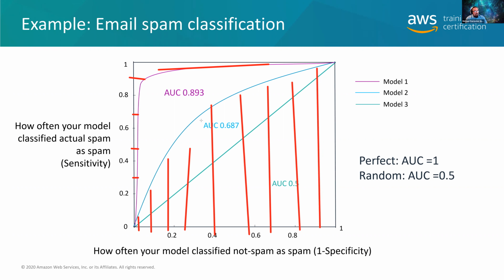So we want to pick a good area under the curve where we are minimizing the amount of false positives, and capturing a really decent amount of what we call true positives, right? We're looking for that trade-off.